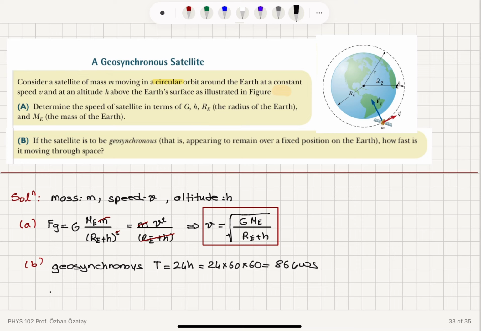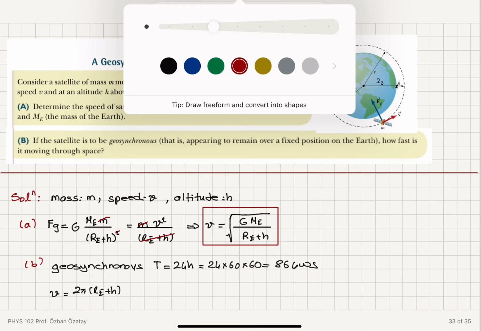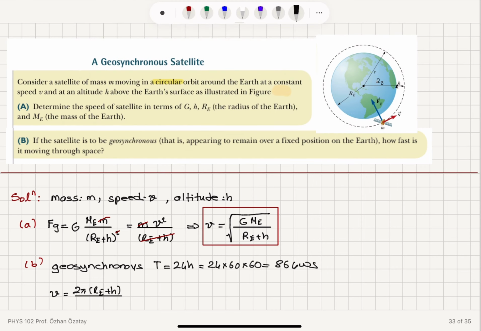So the speed is 2 pi (RE plus h) divided by the period T. If we let RE plus h equal R, then 2 pi R divided by T is equal to the square root of G ME over R. So we obtain R cubed equal to G ME over 4 pi squared, times T squared, which is basically Kepler's third law.